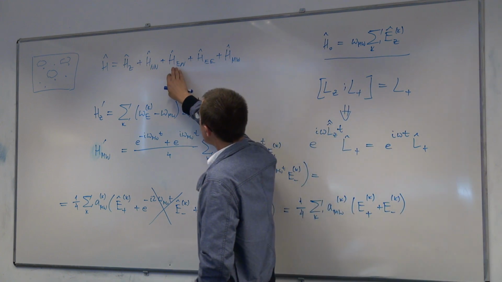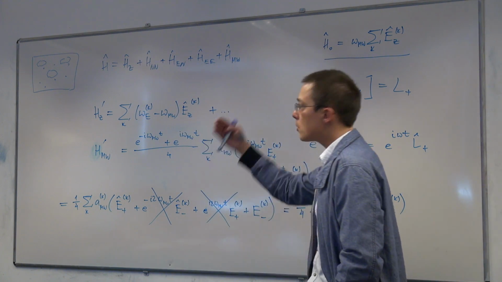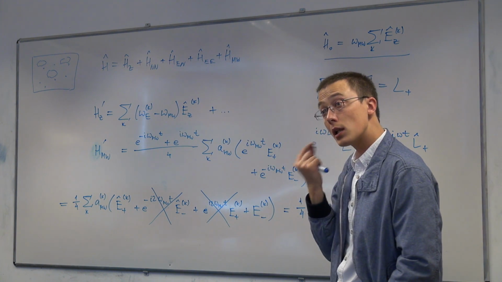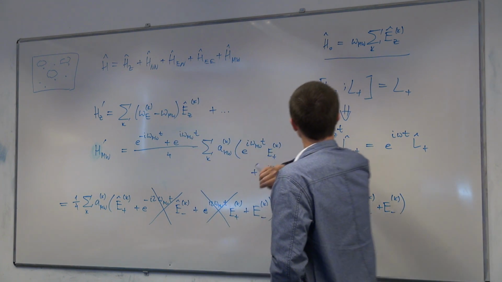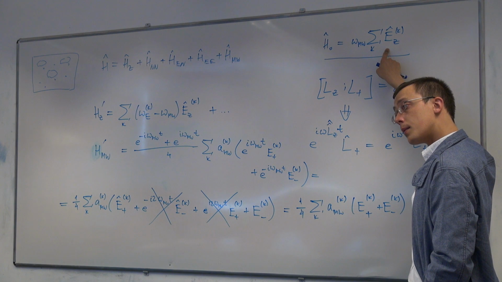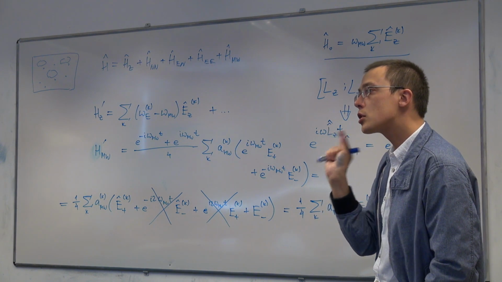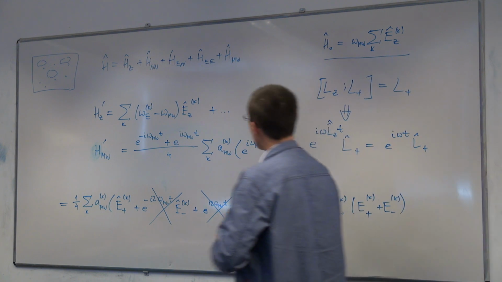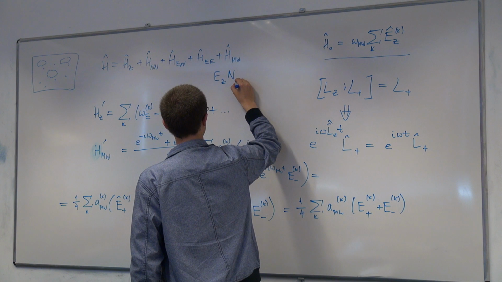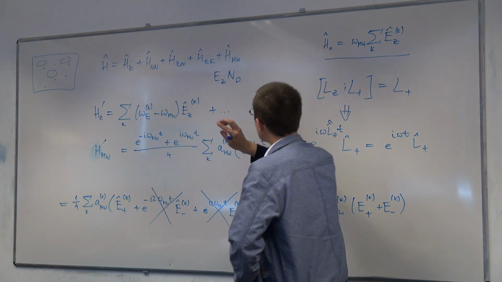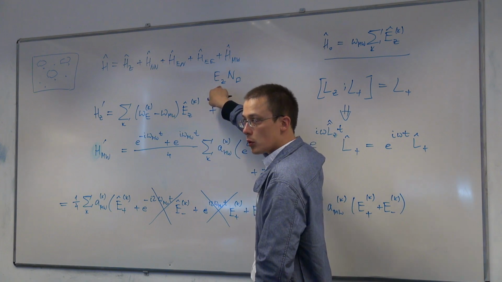Now, for the electron-nuclear term, what would happen is we would move into the rotating frame with respect to the electron, but not with respect to the nucleus, because this stuff commutes with nuclei. So the only things that would remain stationary under such a transformation are operators of that type, Ez and whatever. So if it's E plus, it will acquire frequency. If it's E minus, it will acquire frequency.